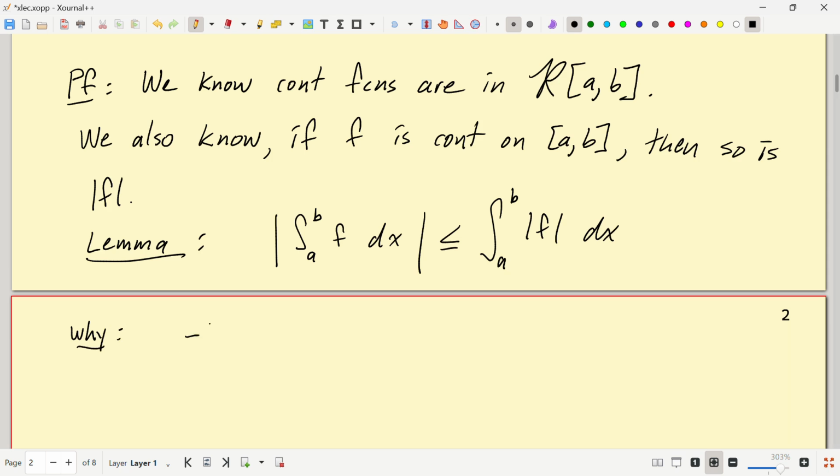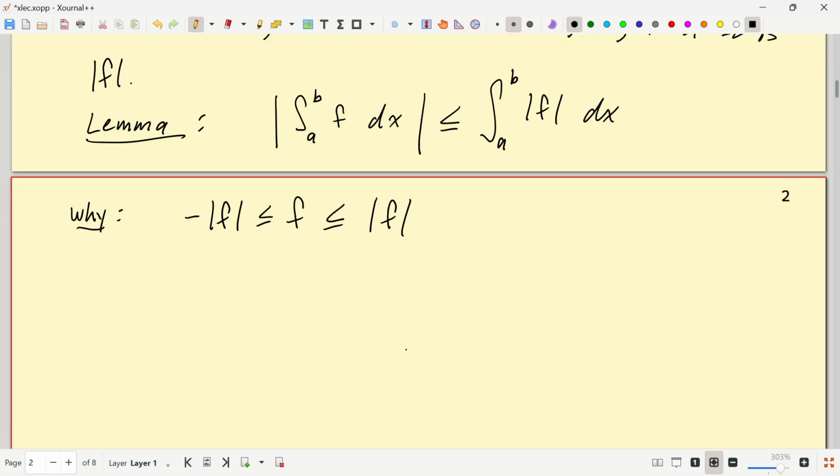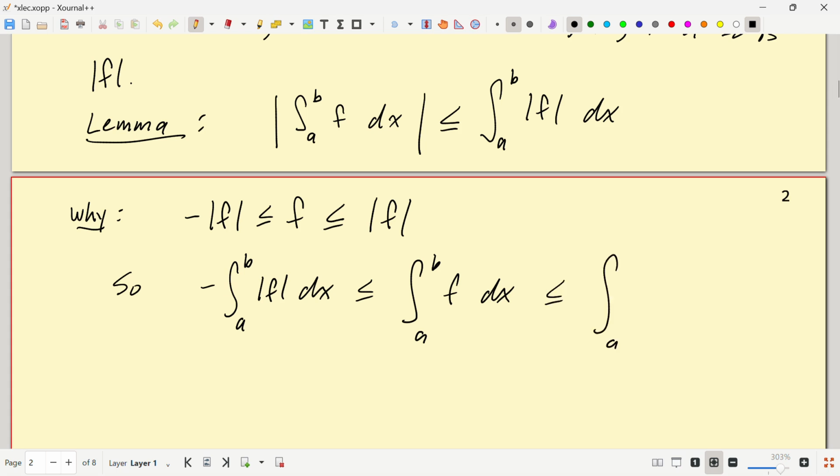We would have minus modulus of f less than or equal to f less than or equal to modulus of f. And so, using the basic fact, minus the integral from a to b of the modulus of f dx is less than or equal to the integral of f, which is less than or equal to the integral of the absolute value.